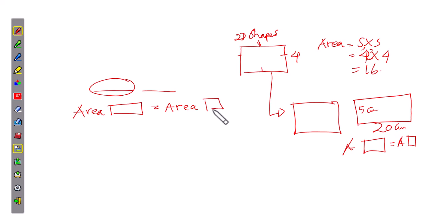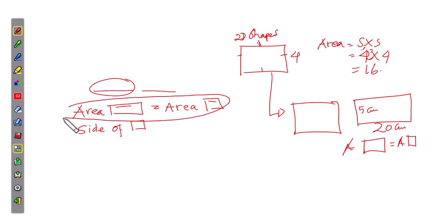And the question is, what is the side of the square? This kind of question needs heuristic problem solving to find the answer. So let's say this is the area of the square and this is the area of the rectangle, and they say that they have the same area.